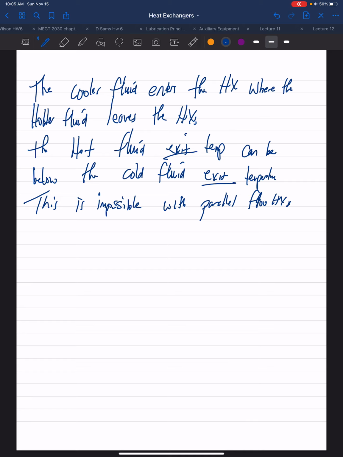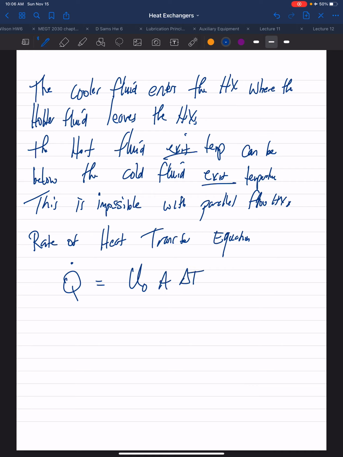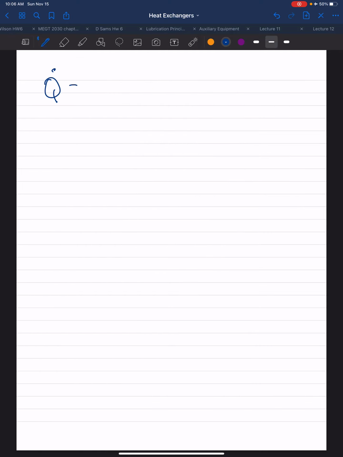So, rate of heat transfer equation, Q dot equals U sub O, A times delta T. Whenever you see a dot on top, you know that typically we're talking about a flow rate or a rate.